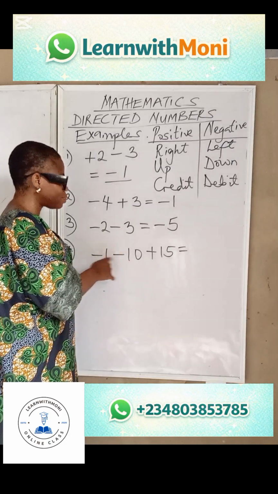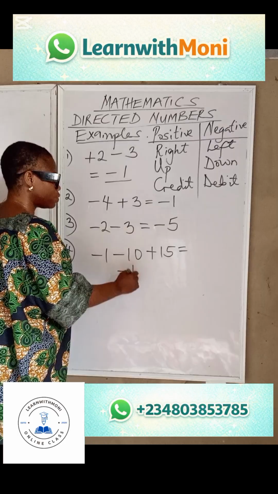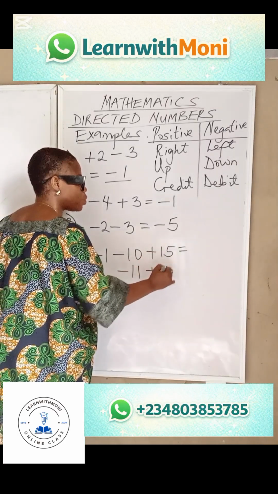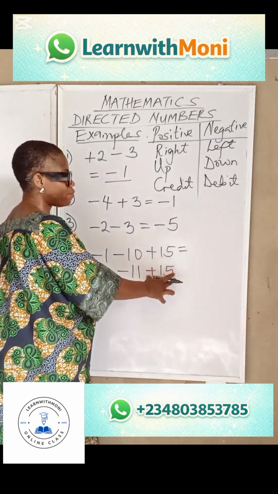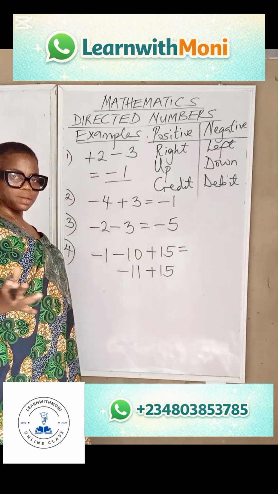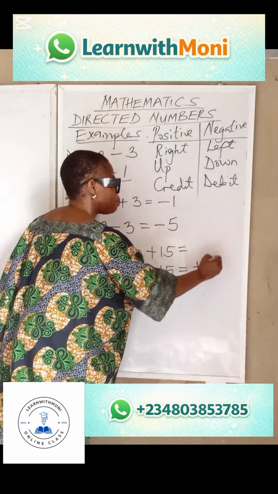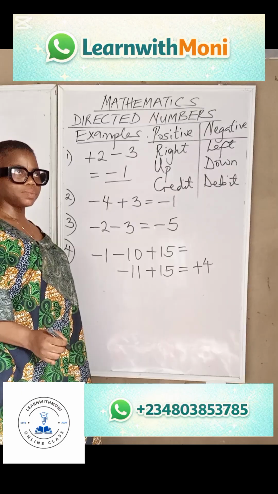The total debt I have here, minus 1 minus 10, that is minus 11, my total debt. And what I have in my pocket is plus 15. I am owing 11 and I have 15 in my pocket. What is the balance of such account? Yes, I hear you say positive 4, and that is very correct.